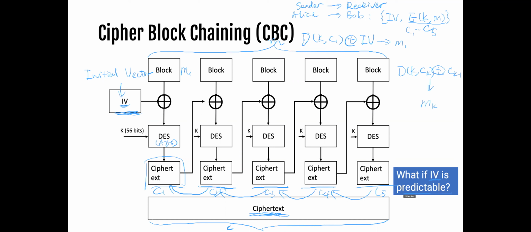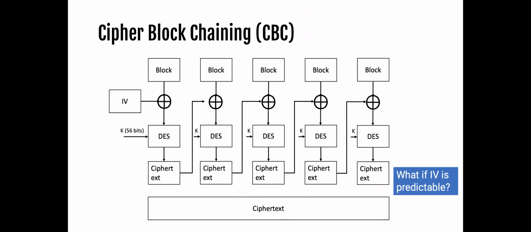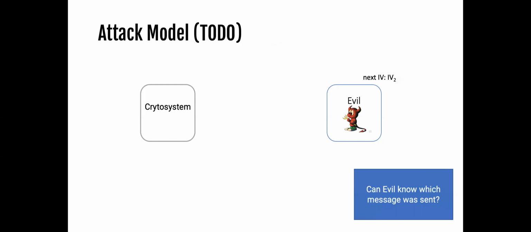Meaning that, now I'm going to clear this, guys, and move on to the next slide. Suppose there is a crypto system using, say, CBC, but with a predictable IV. And then there is a bad person, Evil.